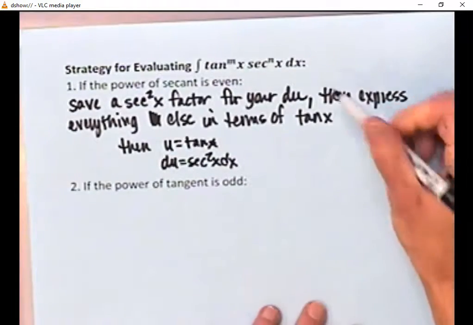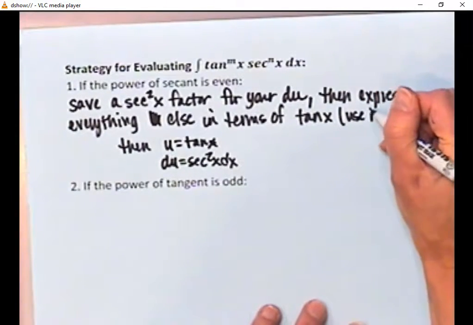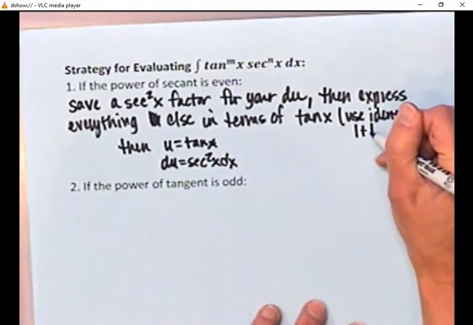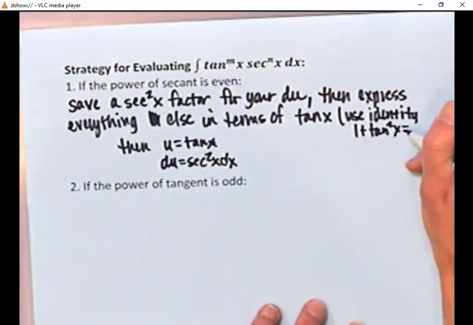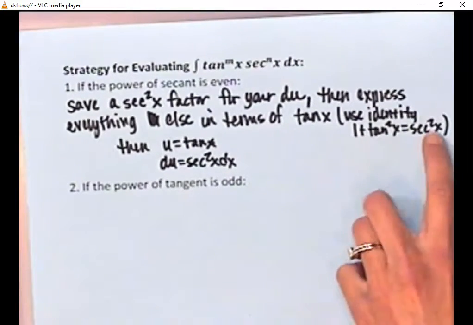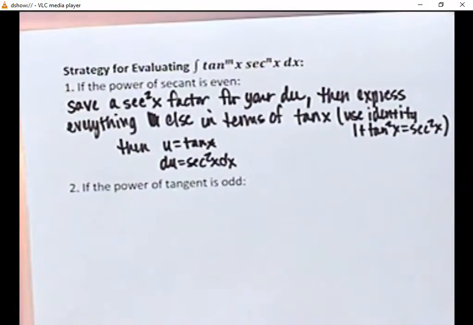Okay, so I'll just make a note here. Remember, you can use the identity 1 plus tangent squared equals secant squared. That's like part B we did in the last example. So if we have an even power of secant, we're going to save out that secant squared. Anything else we have left, we could rewrite as tangents and then do a substitution.